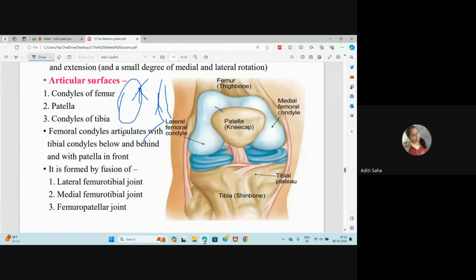Femoral condyles articulate with tibial condyles below and behind, and with patella in front.